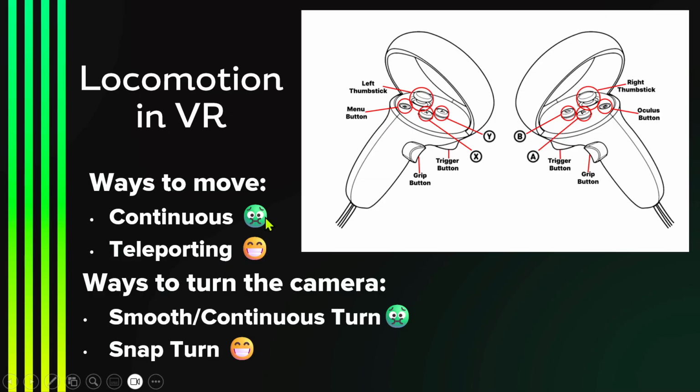I've added these emojis here to demonstrate which of these two options might induce nausea or motion sickness. Continuous movement is performed with the left thumbstick, and this is just like movement you would have in any other 3D game. It moves you up, down, left, right in any direction you want.